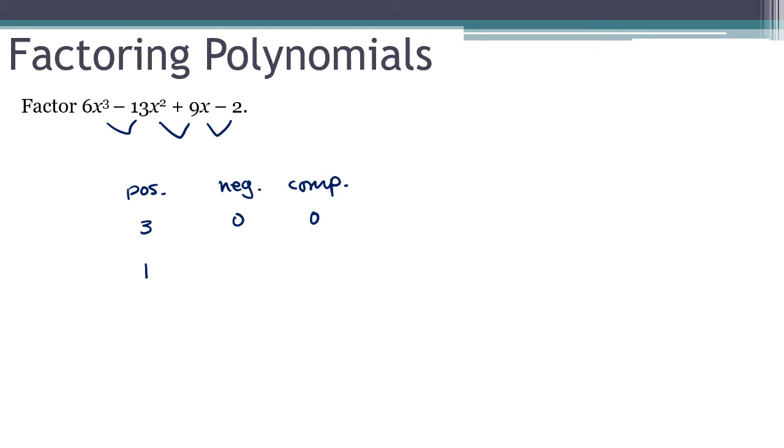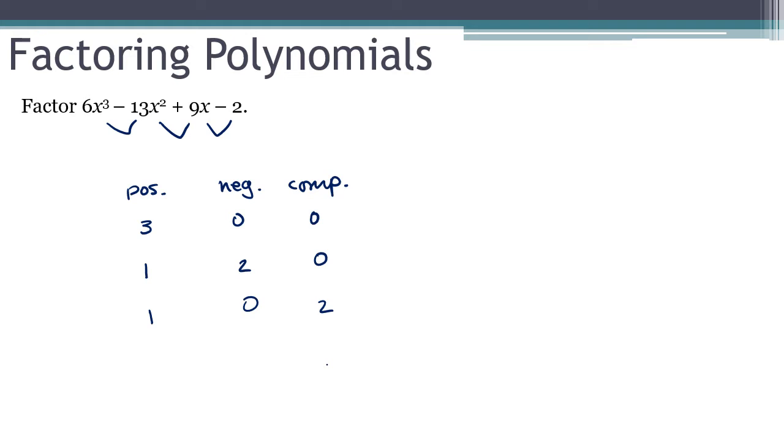One possibility is 2 negative and 0 complex, or the other option is 2 complex and no negative. Now remember, I couldn't put 1 over there on the complex side, because the complex roots, from the complex conjugate root theorem, always come in pairs. So that number in the complex column always has to be even.